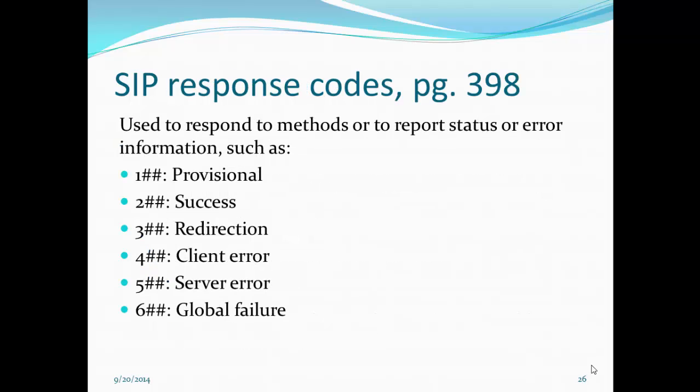Okay, SIP response codes. If you want to look at it in your book, I put a reference here on page 398. What is a SIP response code? It is used to respond to the methods or report status or error information. For example, 100 is provisional, 200 is success, 300 is redirection, 400 is a client error, 500 is a server error, and 600, the last one, is a global failure.